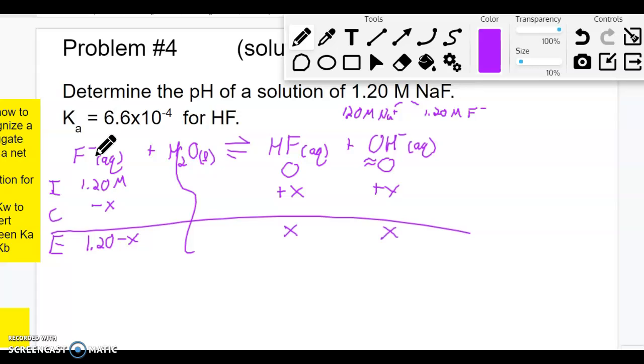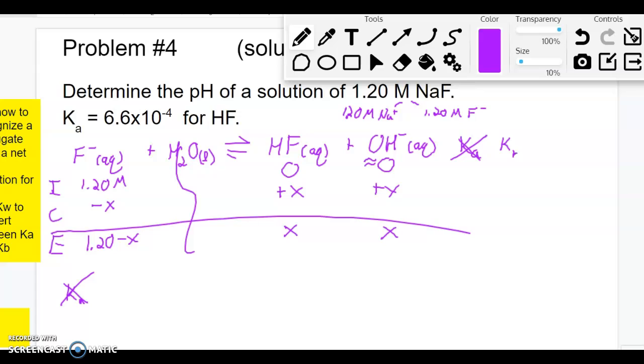Nice. Now comes the stinky part. Because they gave us the Ka of HF, and it's kind of like, oh yeah, I could use that. But we can't use Ka for this problem because this net ionic equation is not a Ka equation.